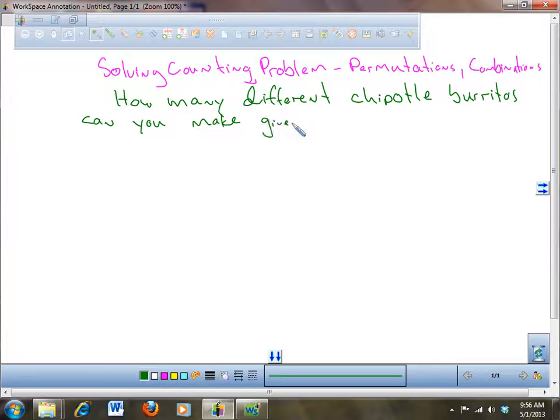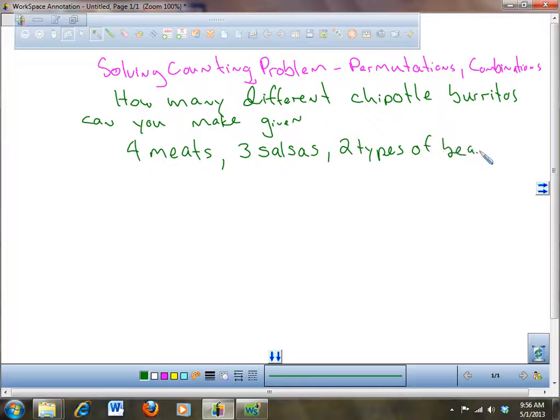Given 4 different meats you could get, 3 sauces, we're going to keep it simple even though there's way more, and 2 types of beans. Do you guys know what the answer to that problem is? 24. It's 24.